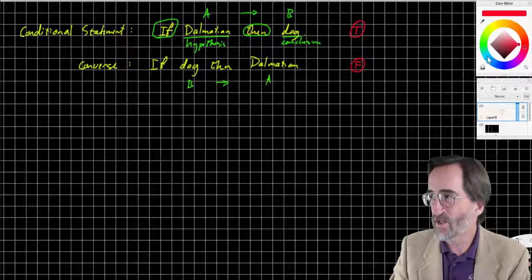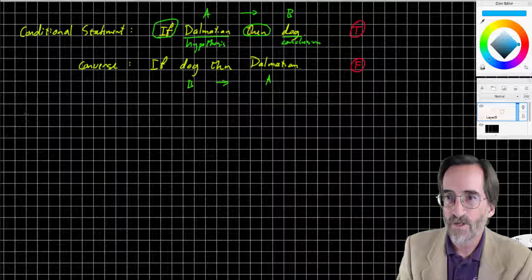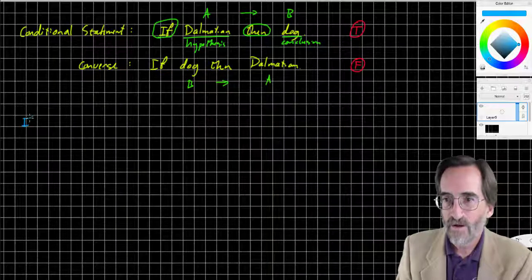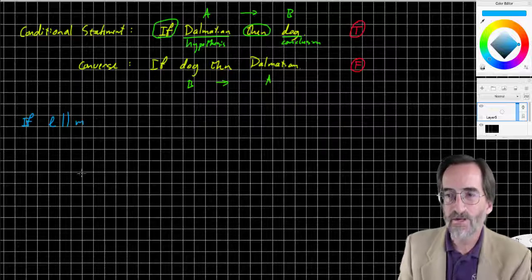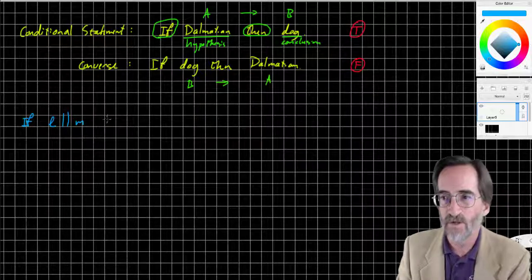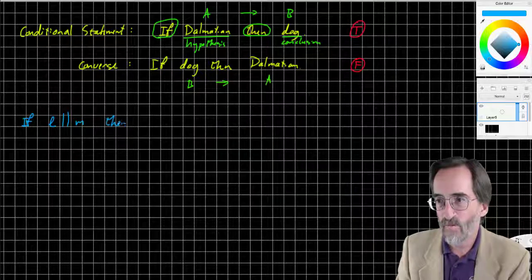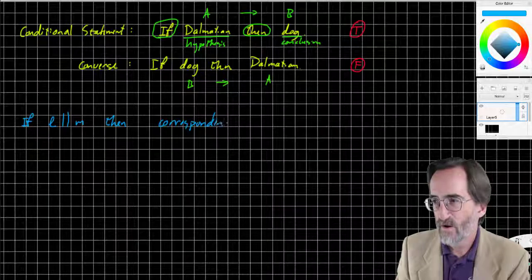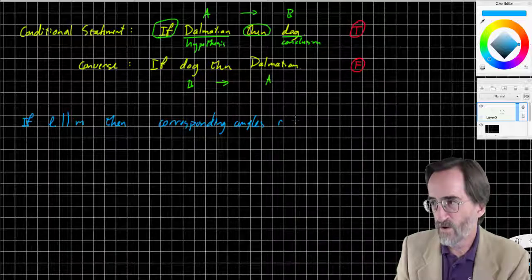In our last lesson, you may recall, we learned if L is parallel to M, if two lines are parallel and they're crossed by a transversal, then we learned corresponding angles are congruent.